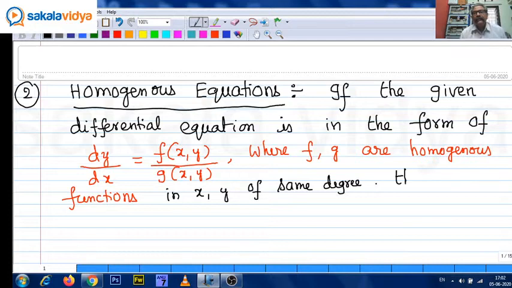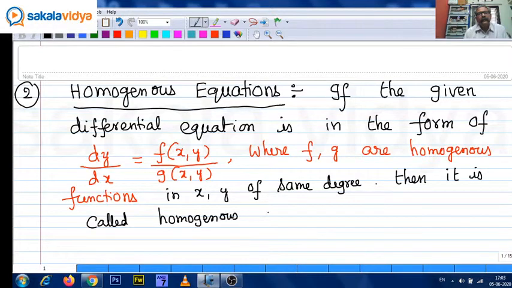Then this equation is called a homogeneous differential equation.